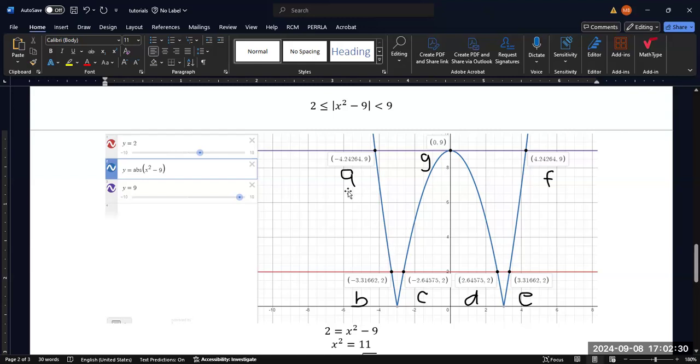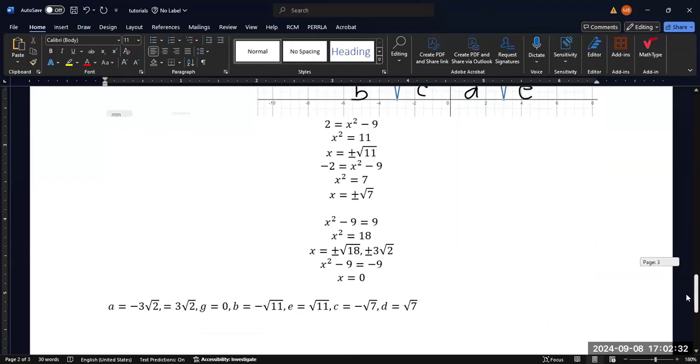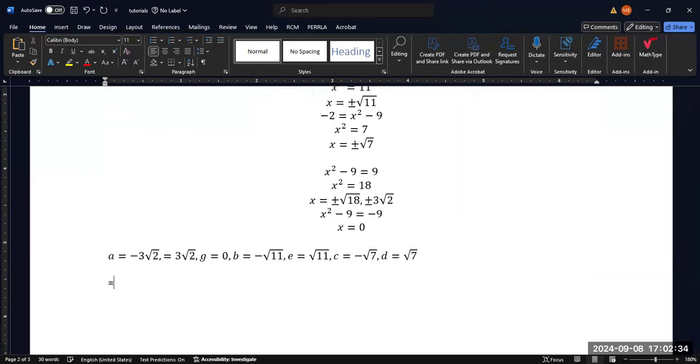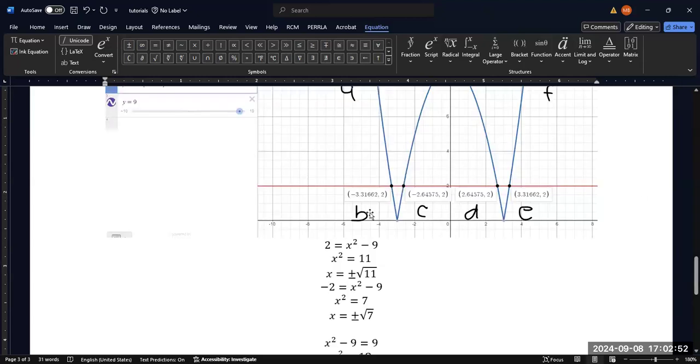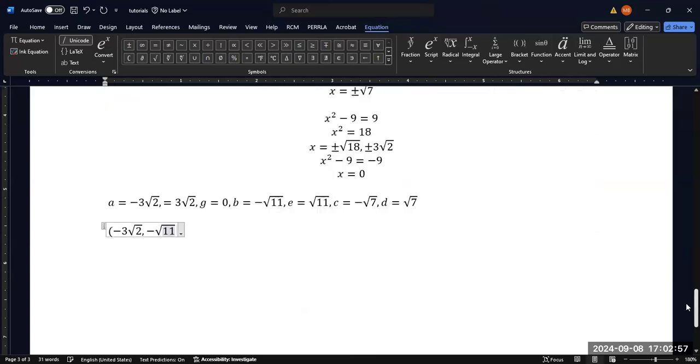So in this segment, we're going from A to B. So our interval will be from negative 3 square root of 2 to our B value, negative square root of 11. Now, the one that gets the equality is where we cross the 2, which would be this B value. So that will become our square bracket.